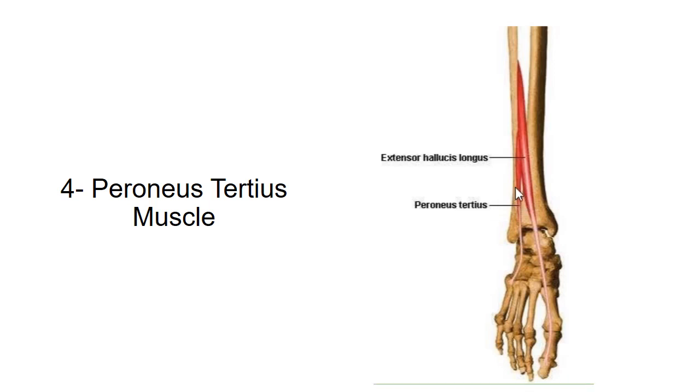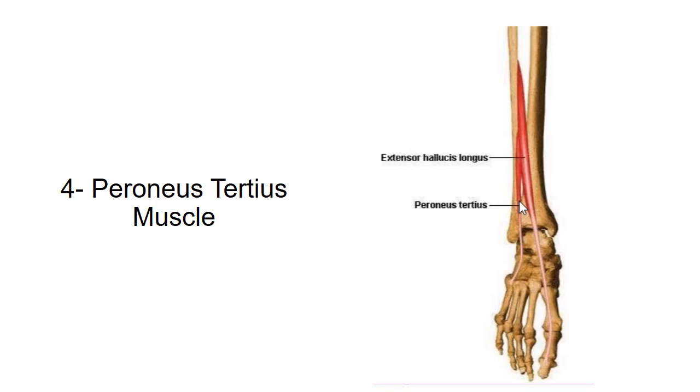It arises from the lower 1/4 of medial surface of shaft of fibula. As you can see here, this lower 1/4 of medial surface of shaft of fibula gives origin to the peroneus tertius muscle. Proximally, attachments and fleshy parts of extensor digitorum longus muscle and fibularis tertius are continuous.